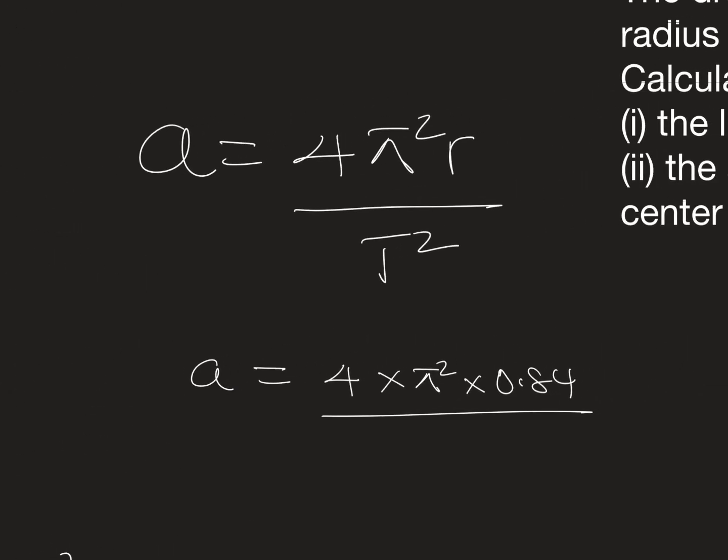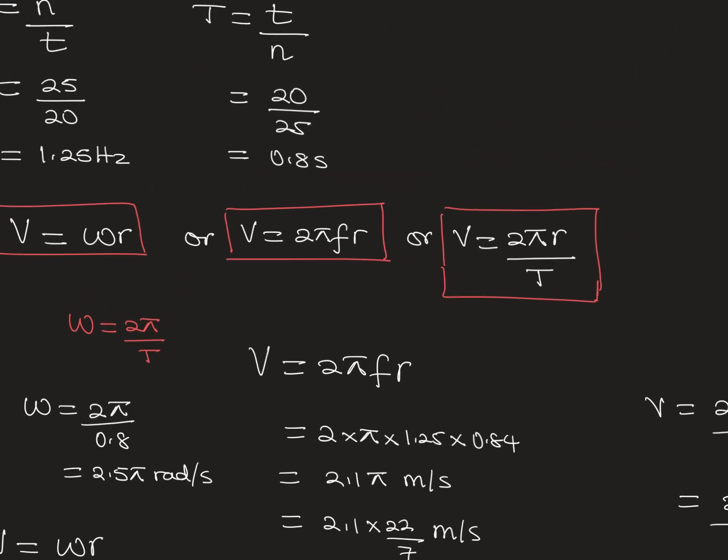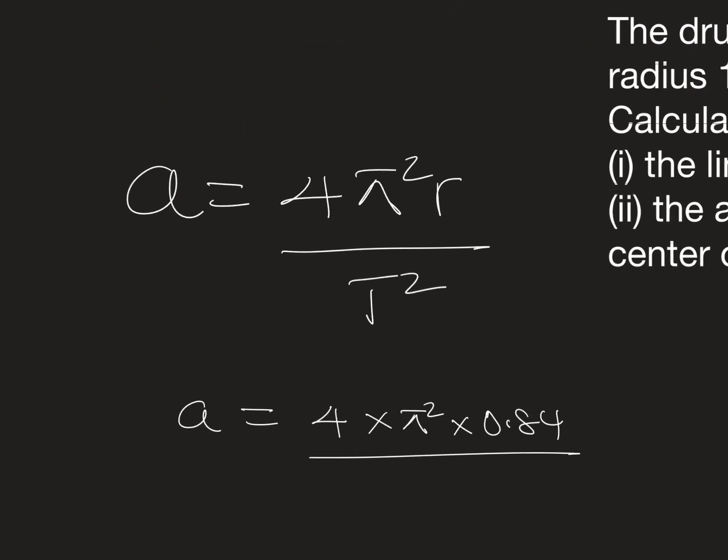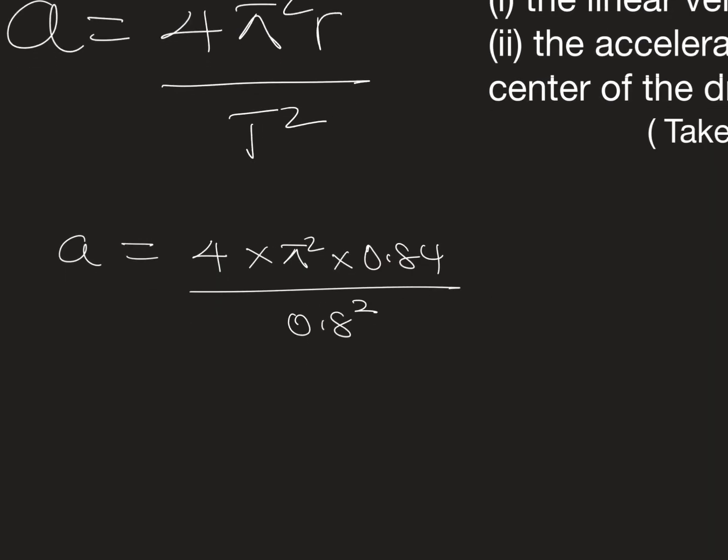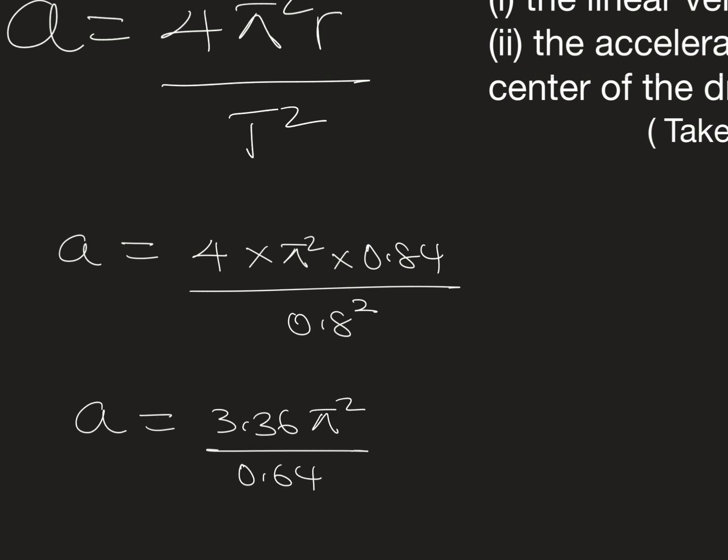We calculated that as 0.8 seconds, right? So we need to square that. So acceleration will be equal to 4 times 0.84, which is 3.36. So that will be pi squared divided by 0.8 squared, which is 0.64.